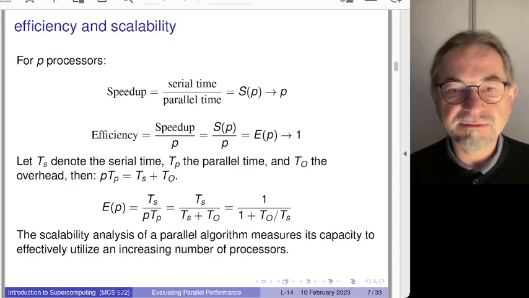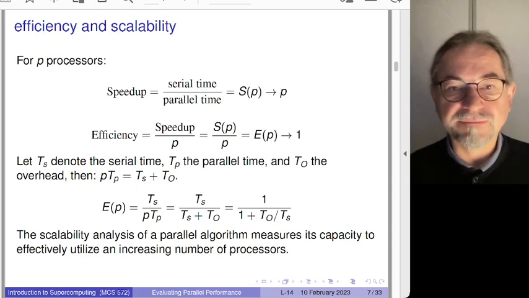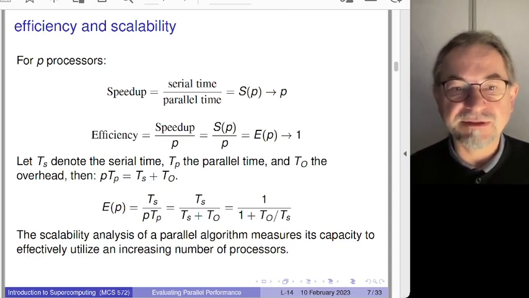so we can define the efficiency in terms of the serial time over the parallel time. So here, assuming that you have this, the speedup is the time over parallel and the time over the serial time.